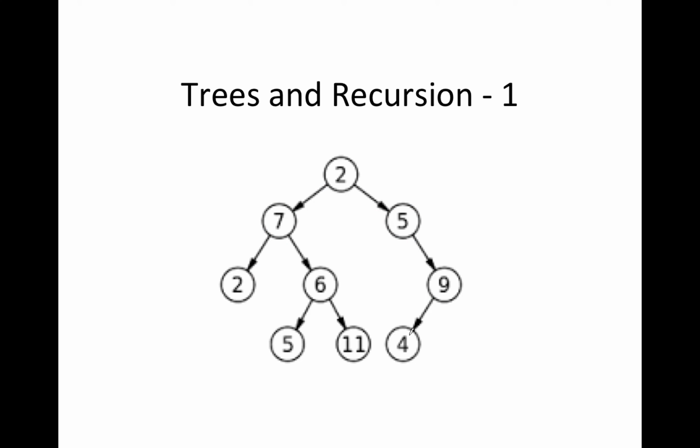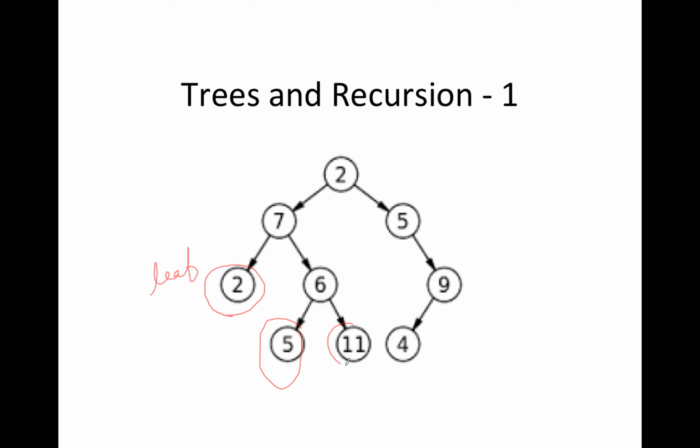Some basic terminology about trees. A node that does not have pointers to any other node is called a leaf node. The node here, 6, points to 5 and 11.